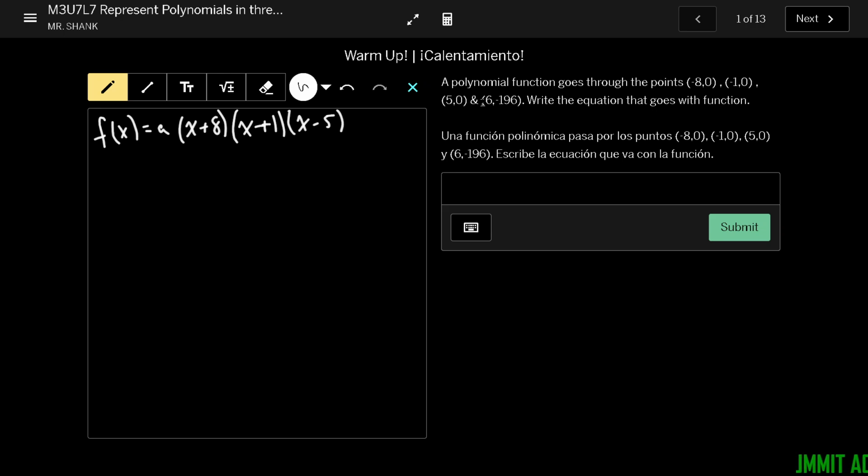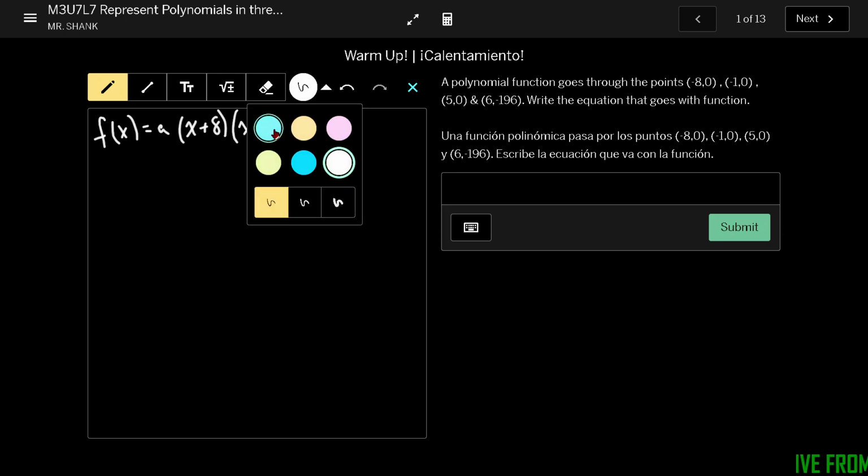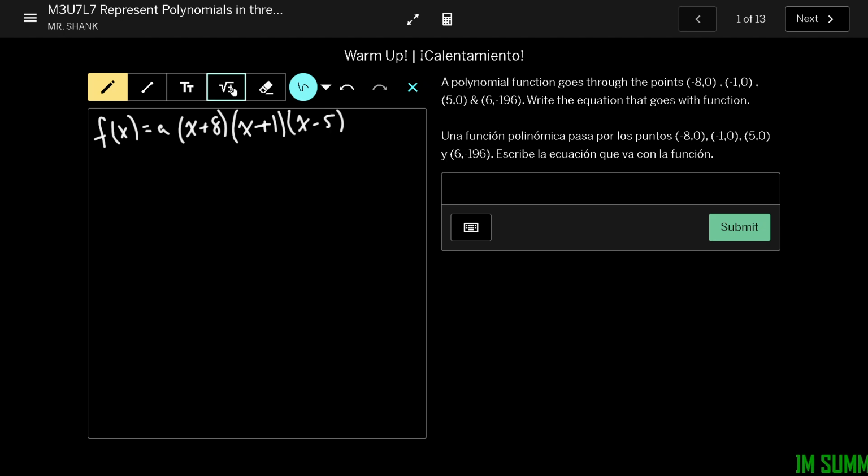However, I need to use this additional point to be able to substitute in and solve for a. So that's what I'm going to do. Let me substitute in our point.